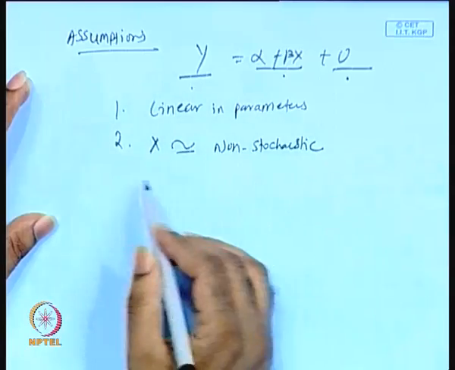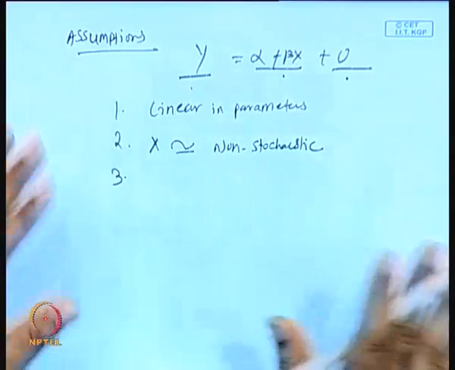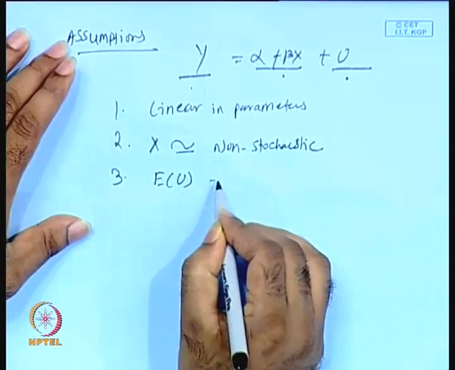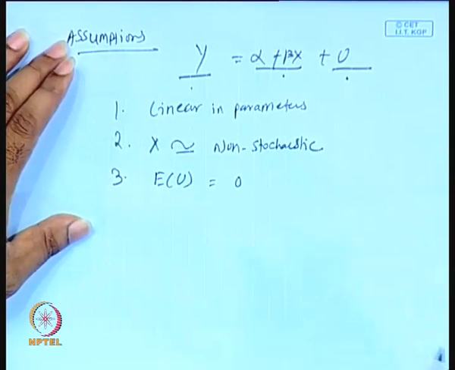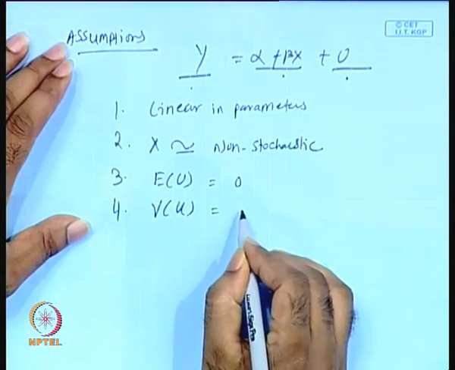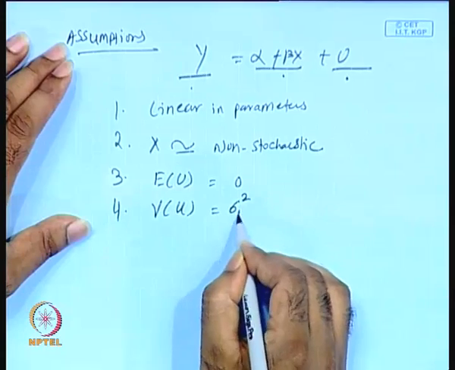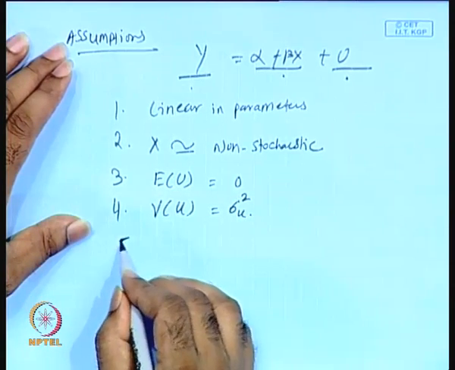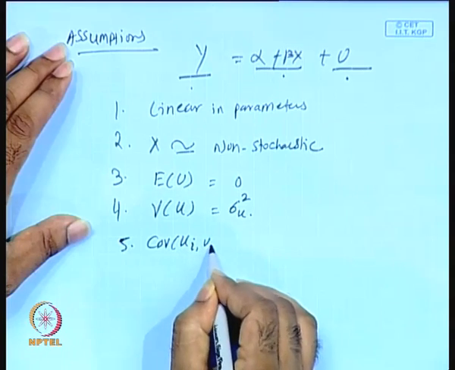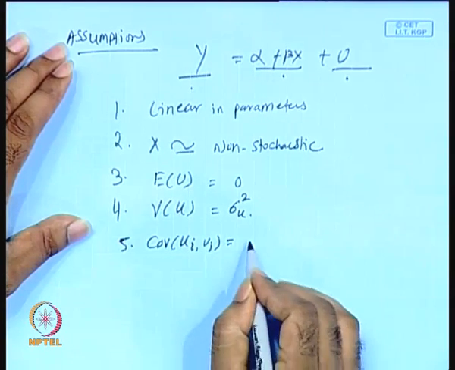The third item relates to the error component: the mean of the error term should be equal to 0. The fourth assumption is that the variance of the error term should be constant, sigma square u, and the fifth assumption is that the covariance of u i and u j should be equal to 0.